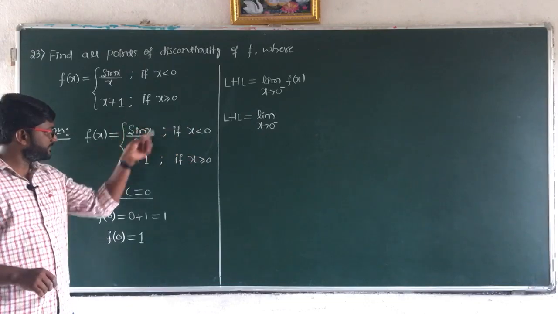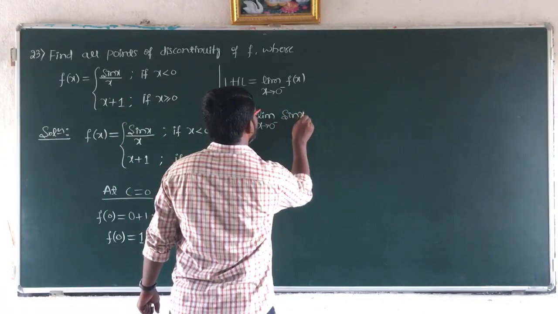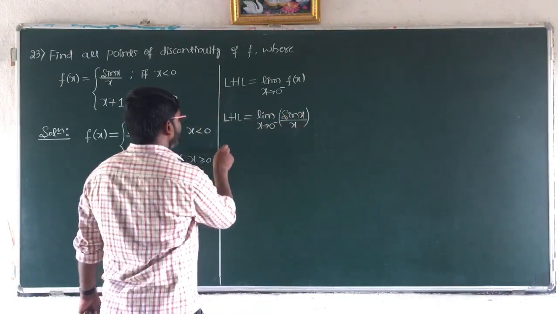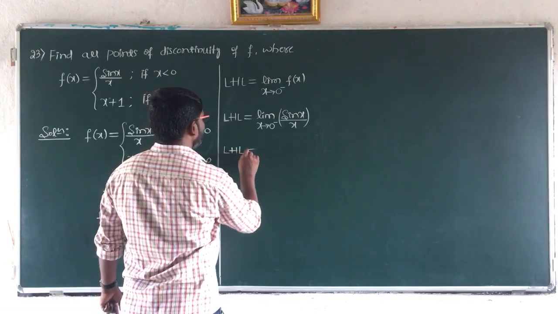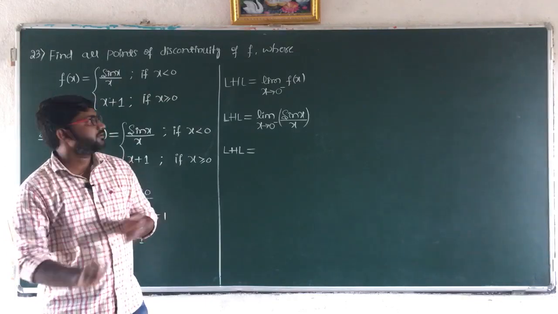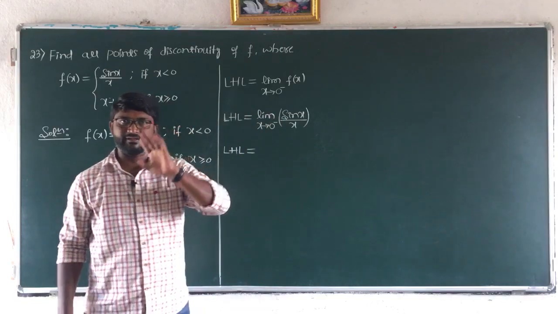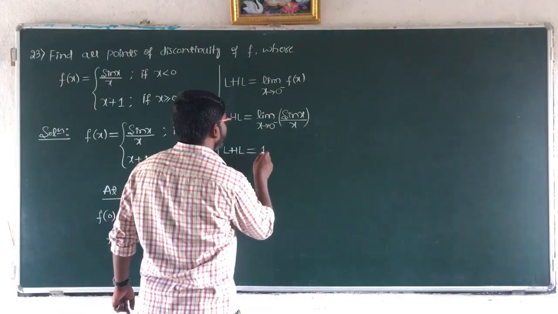The function is sin x by x. So now LHL which is equal to, in our first PUC limits and derivatives chapter we have studied about this. Limit x tends to 0 of sin x by x is always 1. So here by the standard theorem the value of this will be 1.